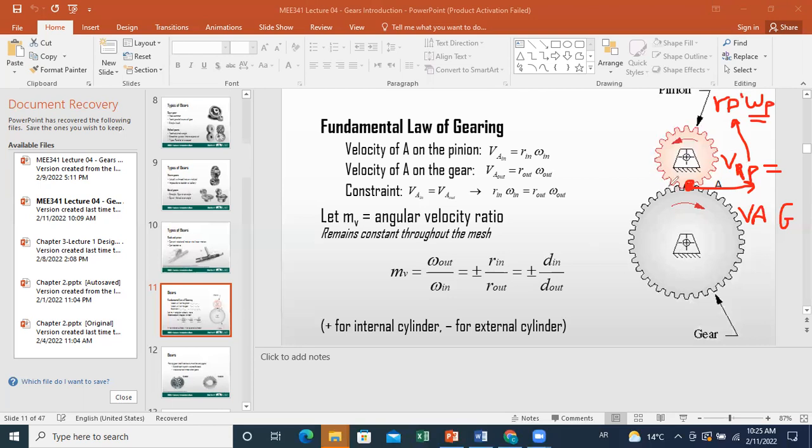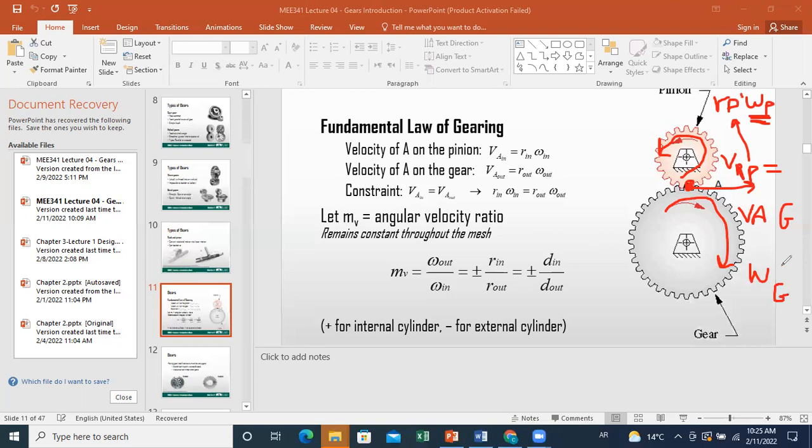Let us say we consider the positive direction counterclockwise. The pinion here rotates counterclockwise, and omega p is positive, while your gear here, according to the right-hand rule, rotates clockwise. So omega gear will be negative as an algebraic value.